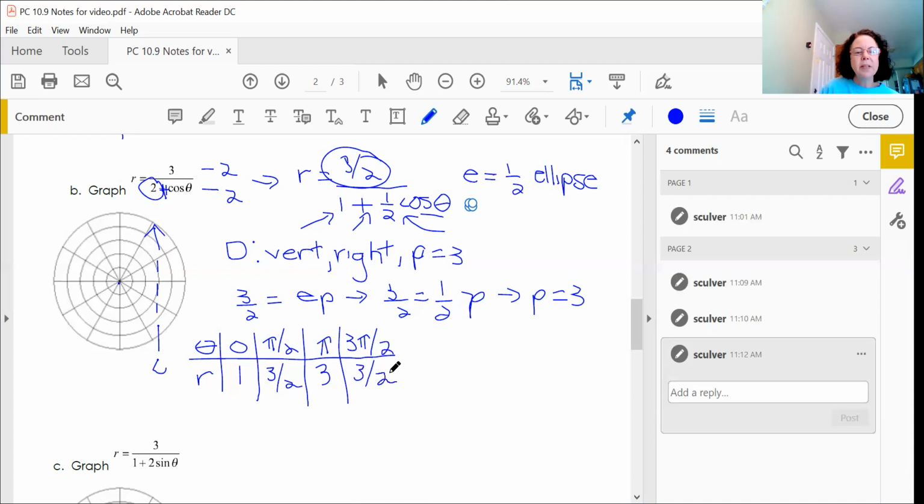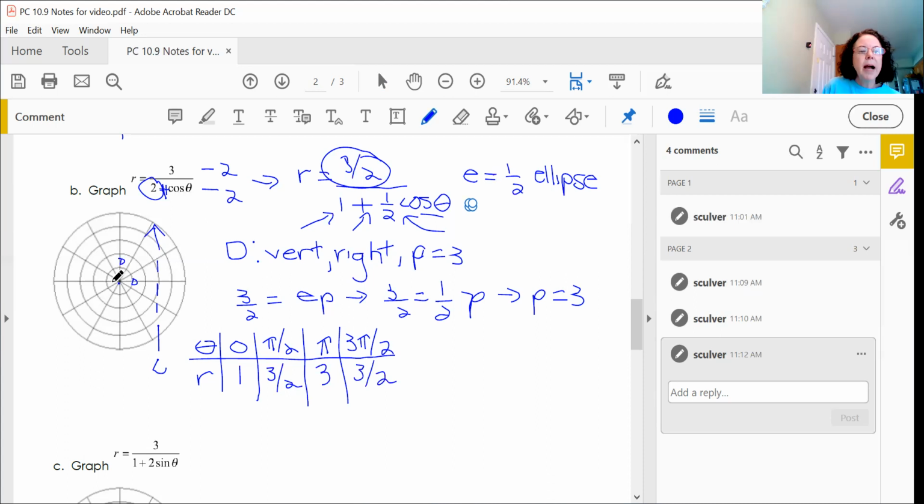Let's go ahead and graph these points. We have a radian measure of 0 and a radius of 1. There we go. At pi over 2, we have a radius of 3/2. So I'm going to rotate pi over 2, and I have a radius of 3/2. At a pi, we have the polar point 3 comma pi.